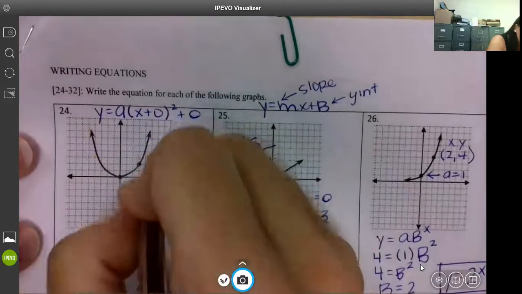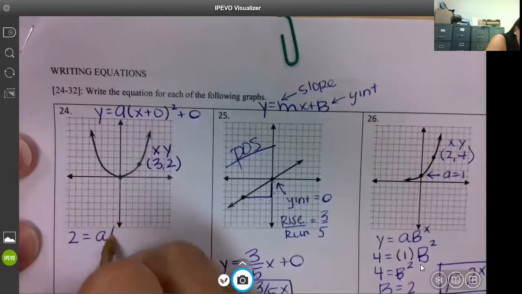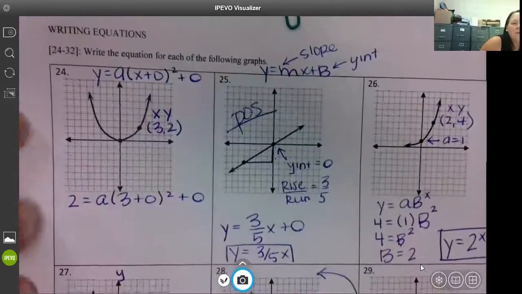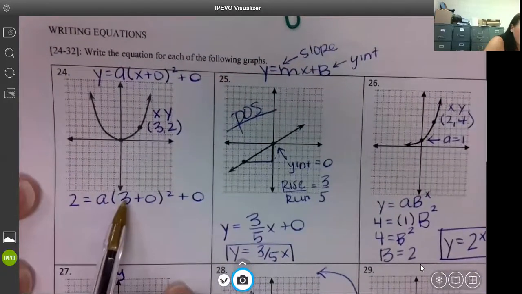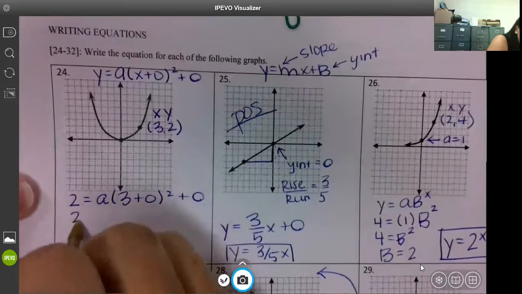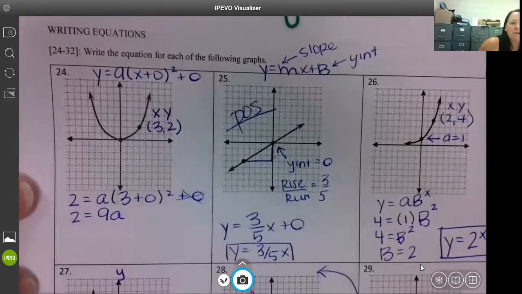Our y coordinate is 2. We are trying to solve for a. Our x is 3, and then we have a plus 0 squared plus 0. Simplify it. 3 plus 0 is 3. Squared is 9 times a is 9a. This 0 doesn't matter because adding 0 does nothing.